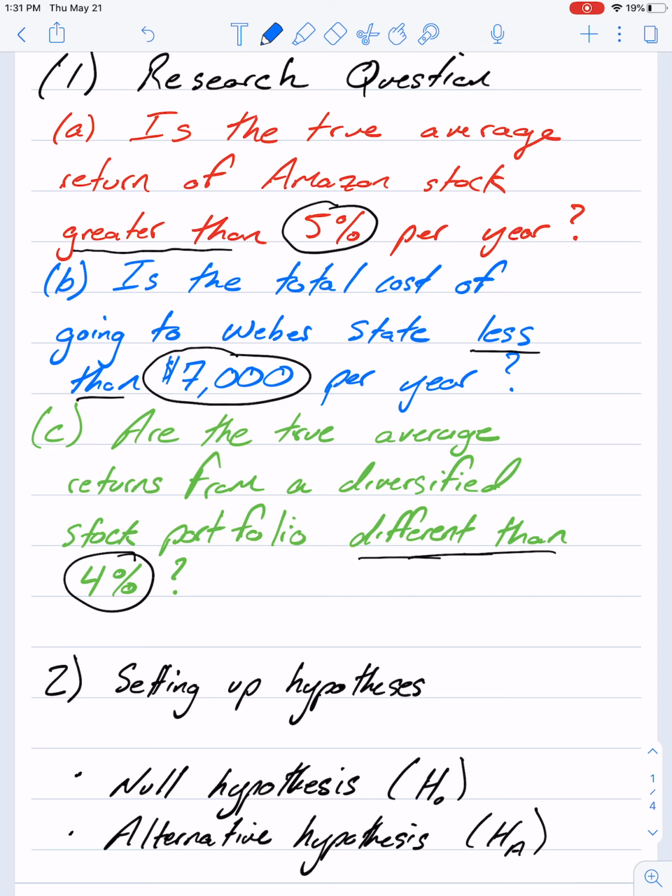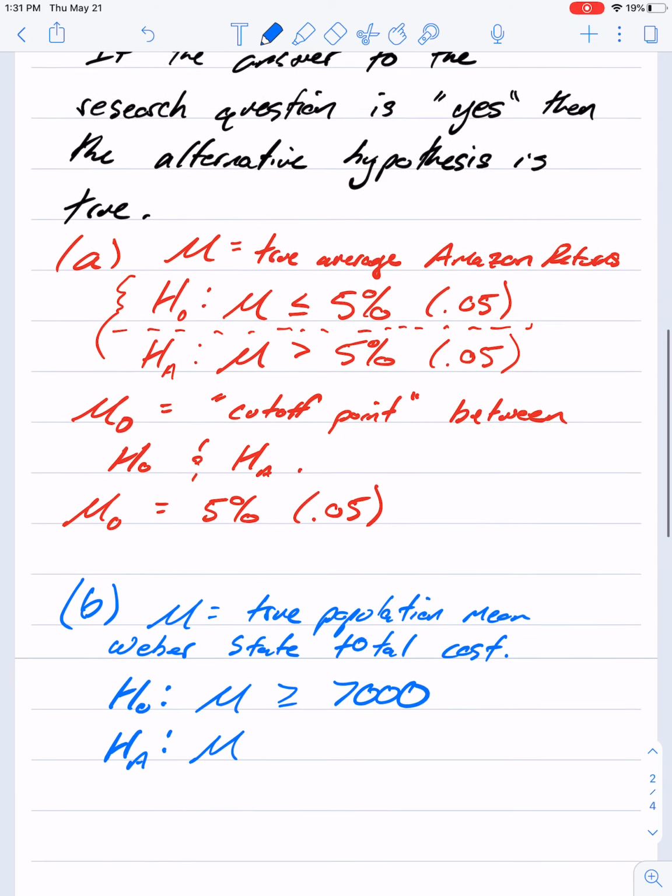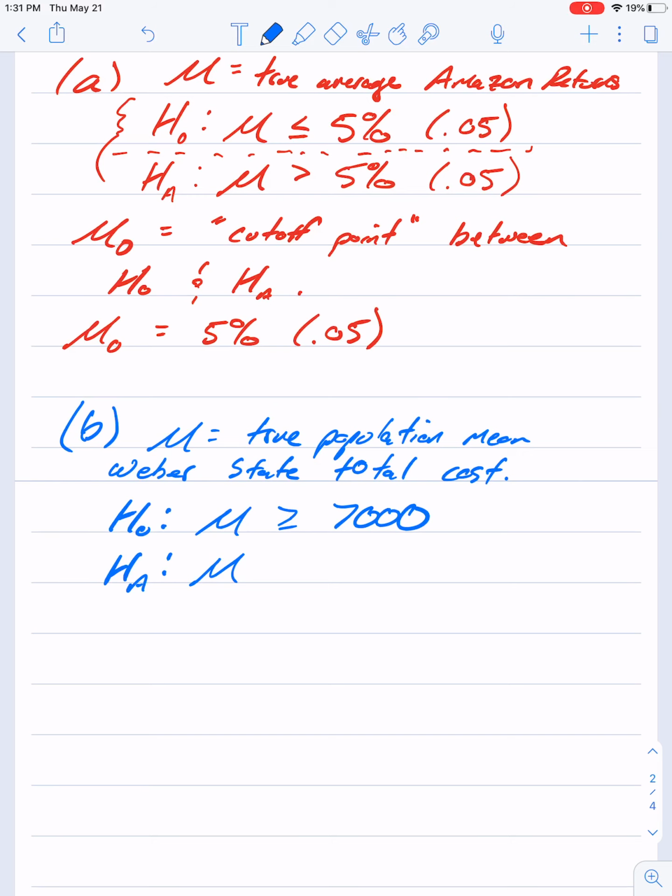So if Weber State tuition true average is greater than or equal to $7,000, the answer to this question is no. So now we have mu greater than or equal to $7,000. The answer will be yes if Weber State total costs are less than 7,000. In this case, mu naught, the cutoff point, is equal to 7,000.